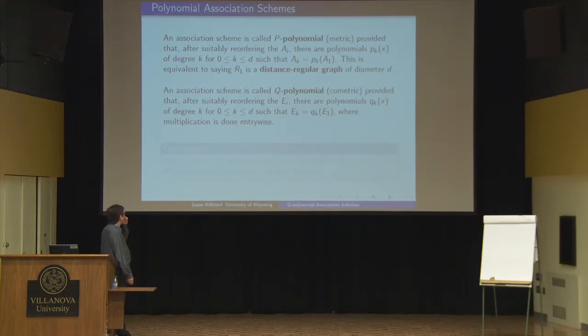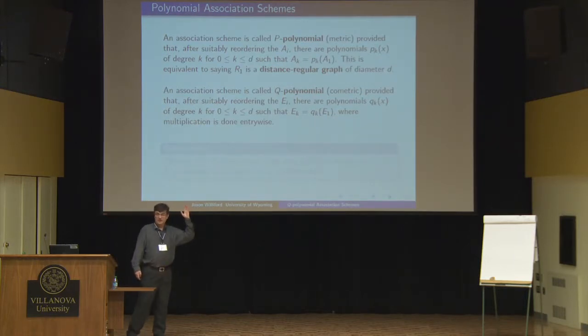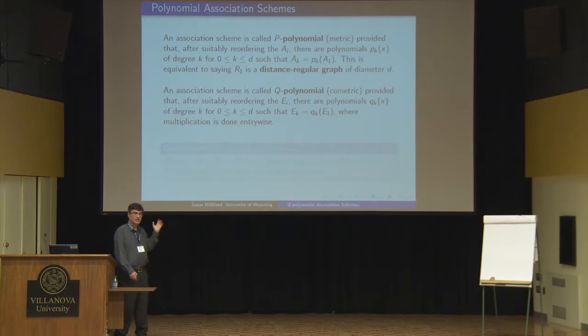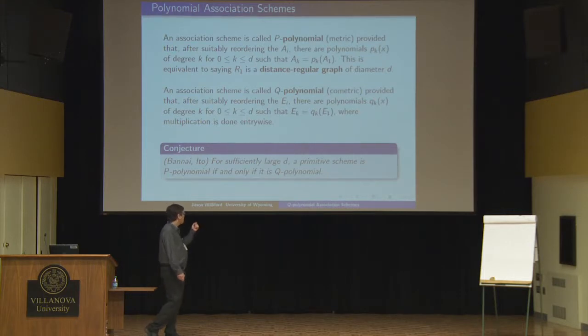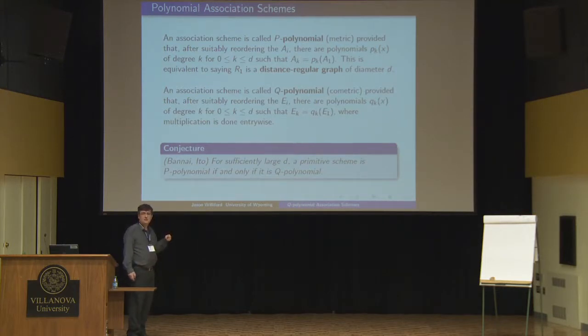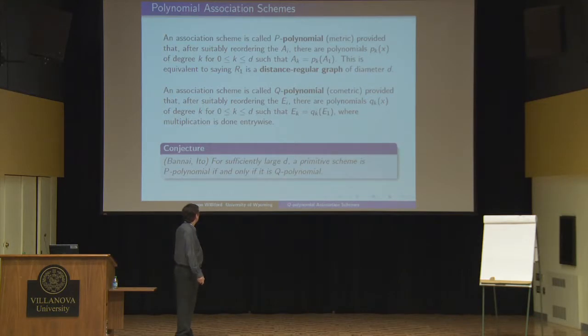So you wonder, is there any relationship between these two properties? Certainly, there is a lot of work that's gone into studying the schemes that have both properties at the same time. There's also a conjecture that for sufficiently large d, so if the number of classes is big enough, if the scheme is primitive, then these two properties should both occur or both not occur.